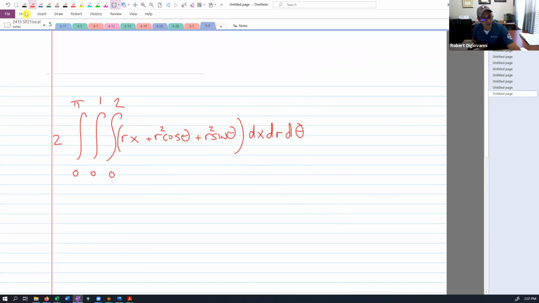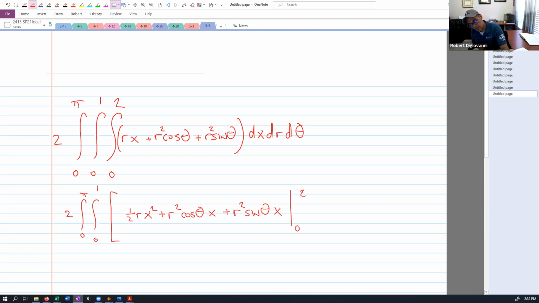Okay, so now let's do 2 integral 0 to pi, integral 0 to 1. Antiderivative with respect to x first: 1/2 rx squared plus r squared cosine theta x plus r squared sine theta x, evaluated from 0 to 2, dr d theta.